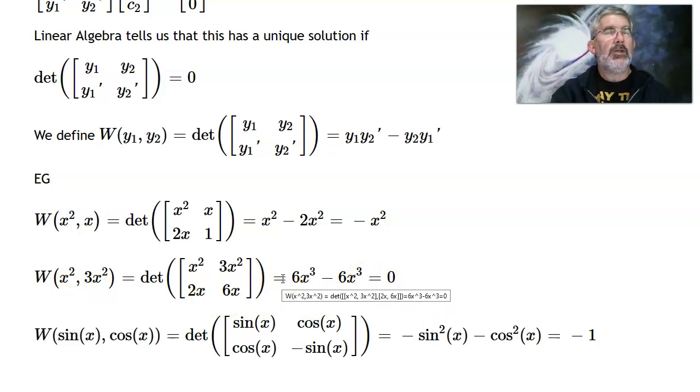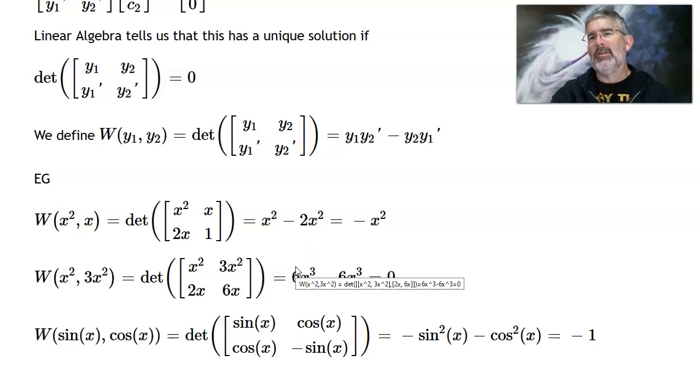The thing is, you can pick really obscure functions that you can put together and end up with Wronskians equaling 0, even though the functions are independent. It's like they're dependent on an interval, but not dependent on other intervals.